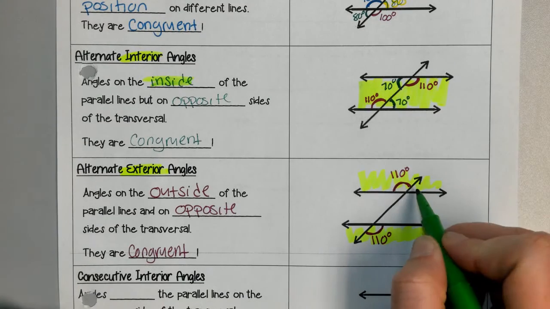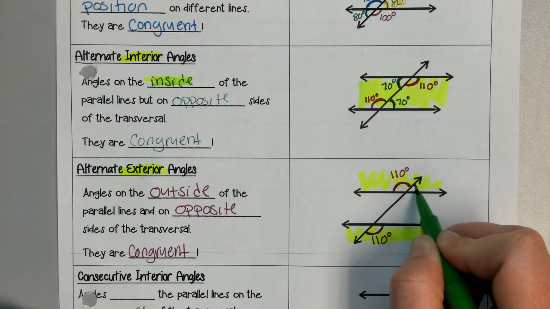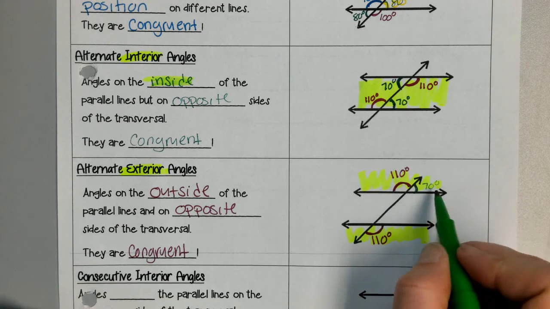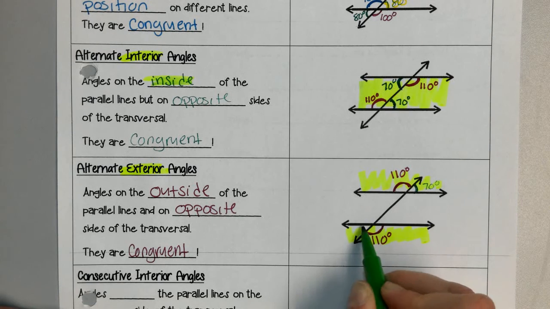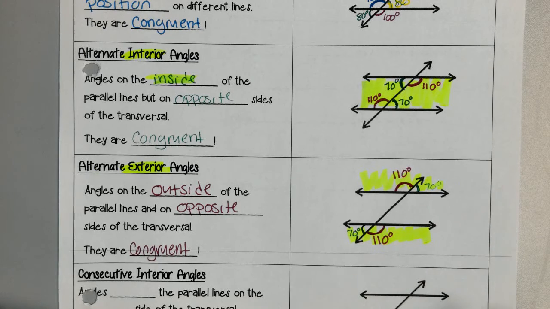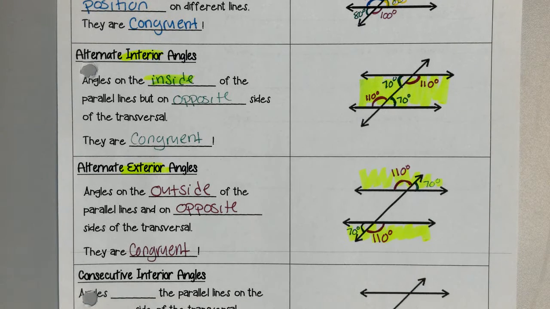You also have the acute angle pair. So right here, if this were 70 degrees, it's an alternate exterior angle from this one down below. That would also have to be 70 degrees. And these numbers I'm just making up for an example to prove a point. It's not because I measured them, I'm just putting down possible numbers that they could be.